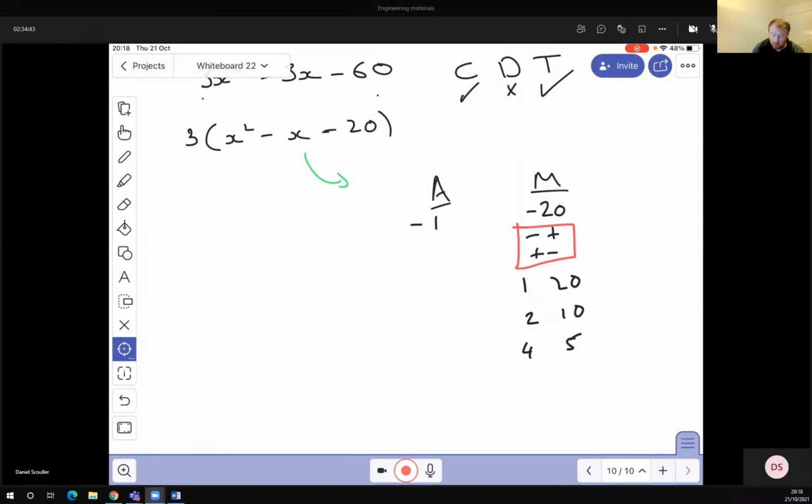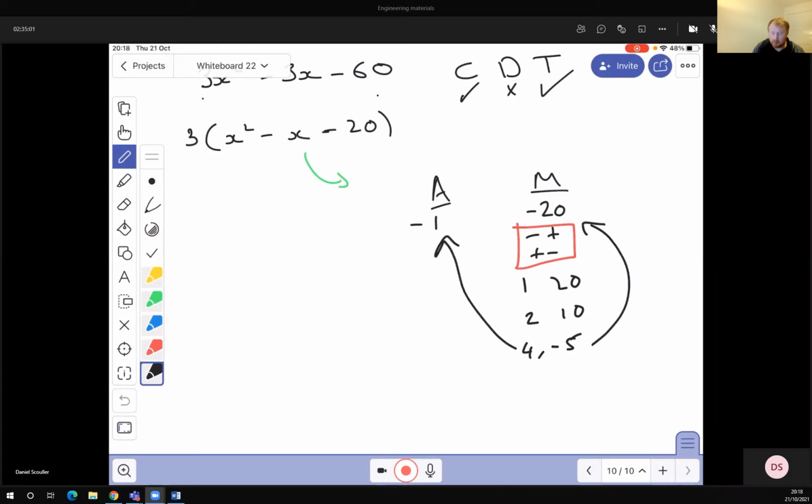The two numbers we are going to use are 4 and 5, and we're going to make the 5 a minus 5. So our factors are 4 and minus 5: it multiplies together to make minus 20 and adds together to make minus 1.